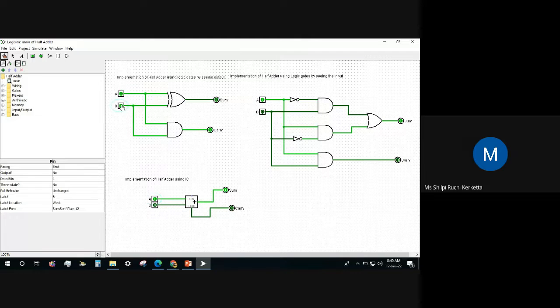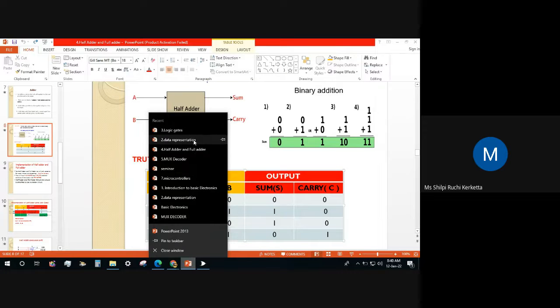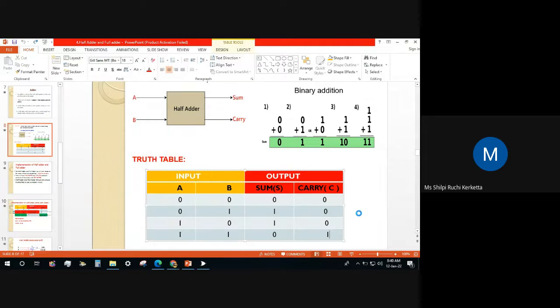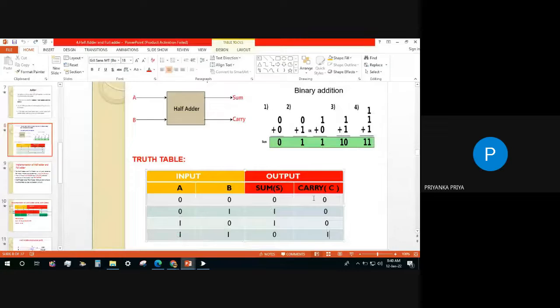And for 1 plus 1, the sum is 0 and the carry is 1. Any doubt in this half adder? No, ma'am.